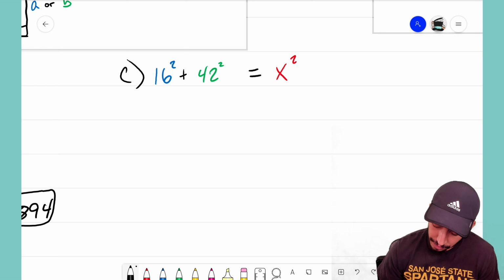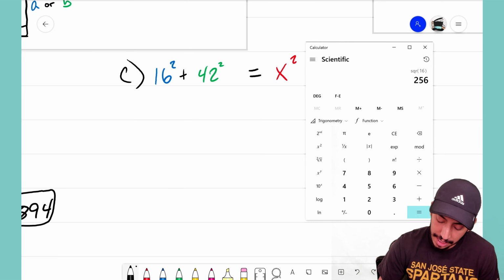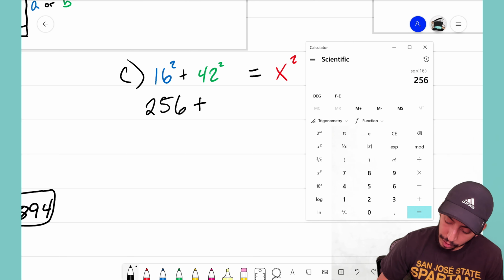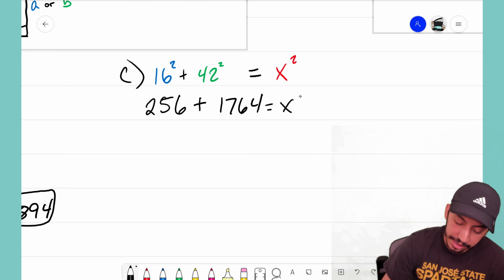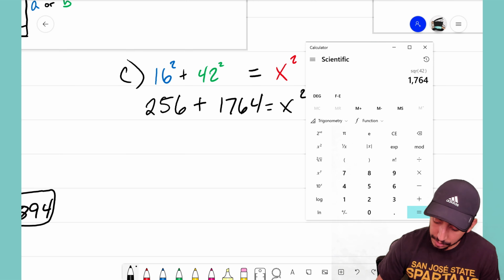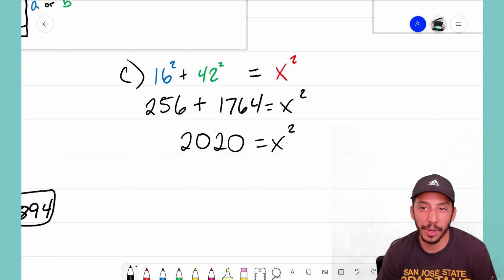So again, we just want to start solving this out. I'm going to go ahead and type in 16 squared because I don't know what 16 squared is. That makes 256 plus 42 squared. That makes 1764. That all still equals x squared. So then I'm going to get my calculator and add those two. So 1764 plus 256. That made 2020. Oh, our favorite year. Look at that. 2020 equals x squared.